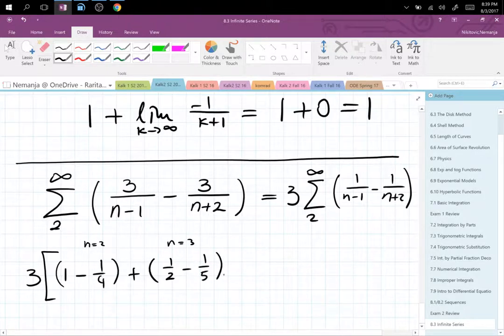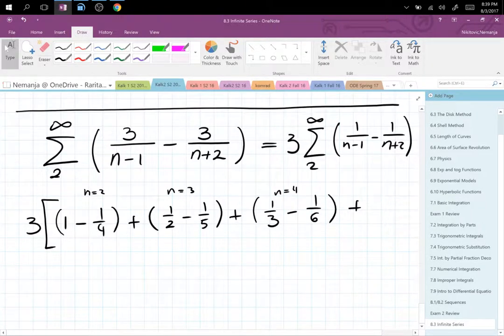You see that nothing cancels, right? That's okay. Be brave. Keep pushing. 1 over 3 minus 1 over 6, plus still nothing. Still nothing cancels, guys. You see that, right? The next one is 5. It gives me 1/4 minus 1 over 7.